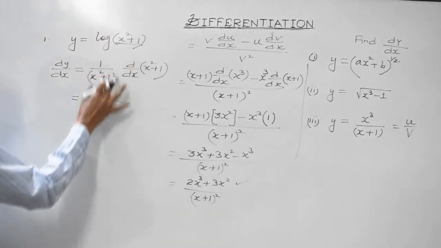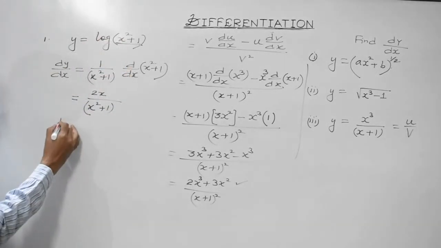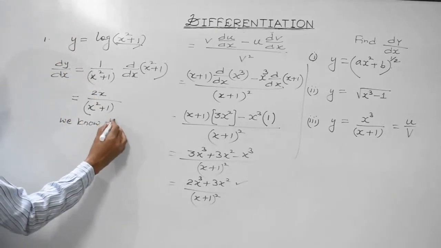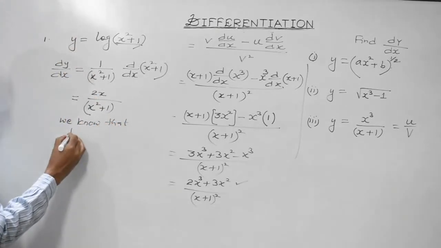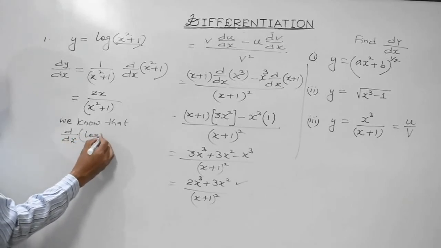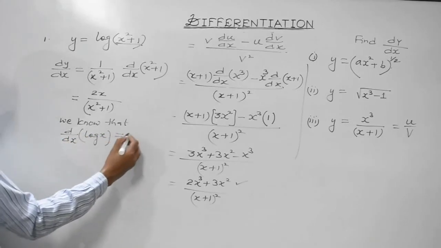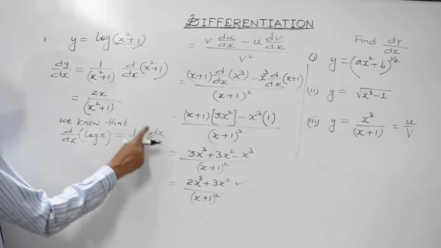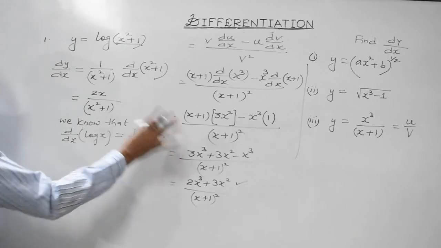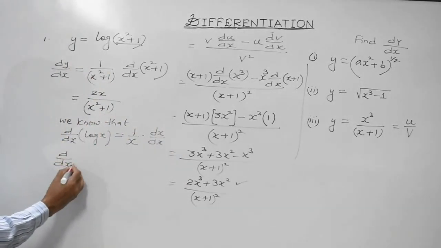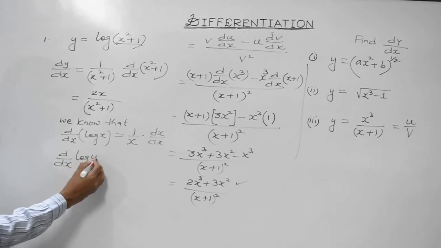Why? I will tell you what concept I have used. We know that in solving the above question I have used this concept: differentiation of log x with respect to x is 1 by x, and over here I will write dx by dx. This being equal to 1, it need not be written, right? So what about differentiation of log u?